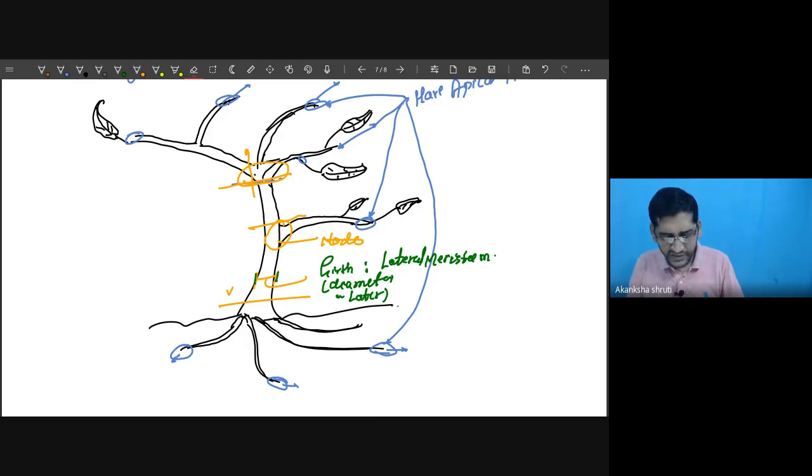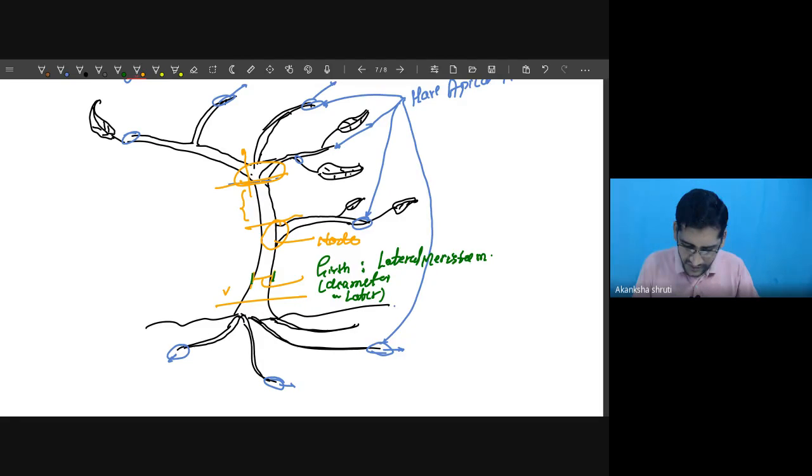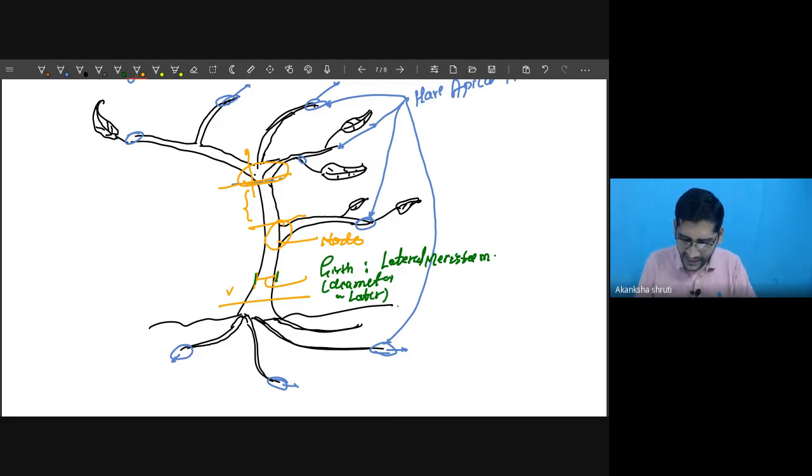So this increase in node length, between the branch points from where the branches come out, which are called nodes, is due to another kind of tissue called intercalary meristem.